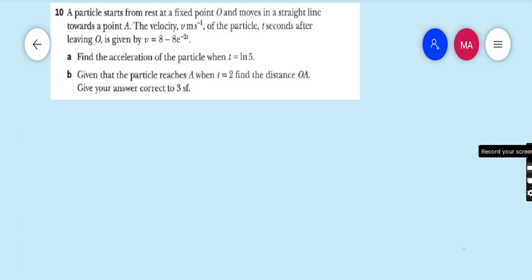Chapter number 10. Yes, permutations and combinations.